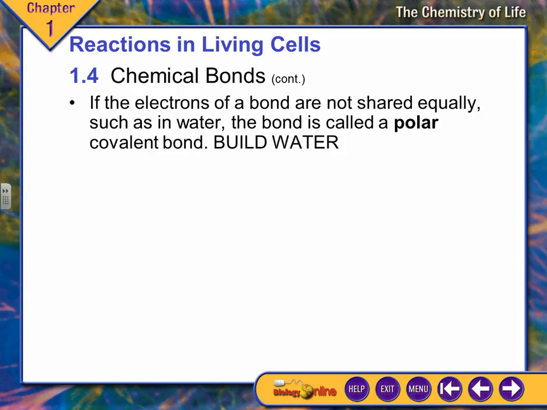That's because the oxygen side has a charge. Does anybody know, positive or negative? It's negative. And the hydrogen has a positive side. Now this uneven distribution of charges is called polar.